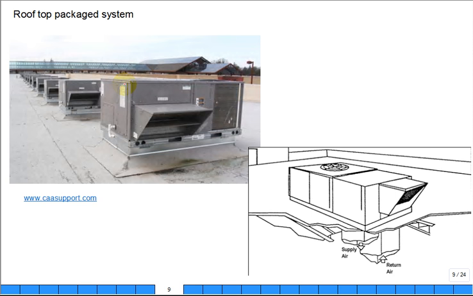So up on the roof, they have a unit and a unit and a unit and a unit. Oh boy, can you count them all? Are you sure that's not mirrors? And you have the air coming up into the unit from the bottom of the roof. It's an open warehouse typically. It's conditioned and then supplied back down. They may have a supply that goes over and dumps it, or whatever. But it's a rooftop package unit.